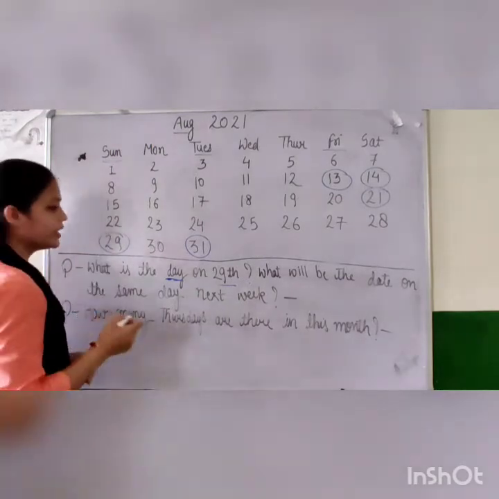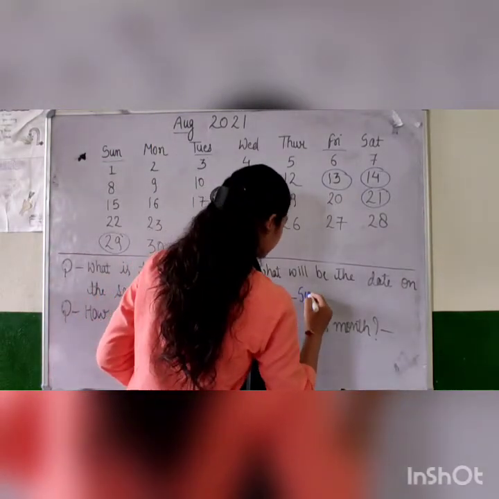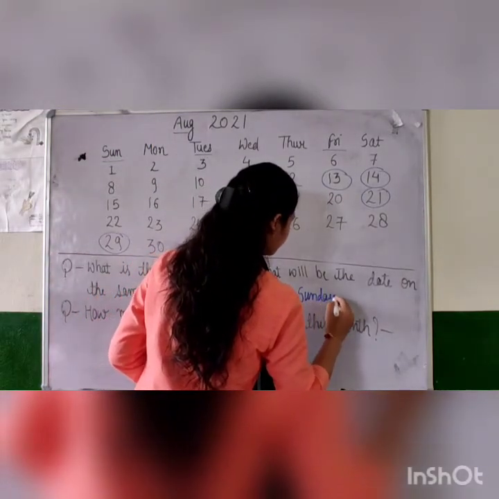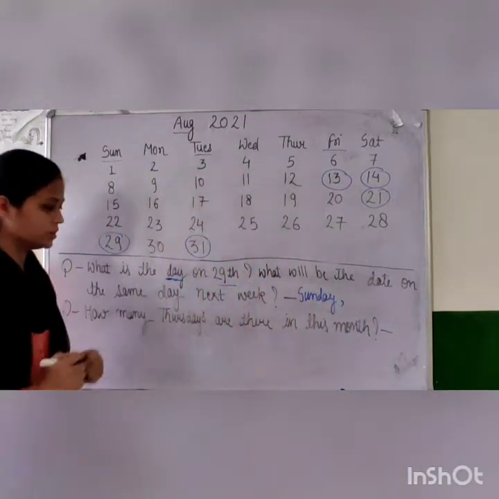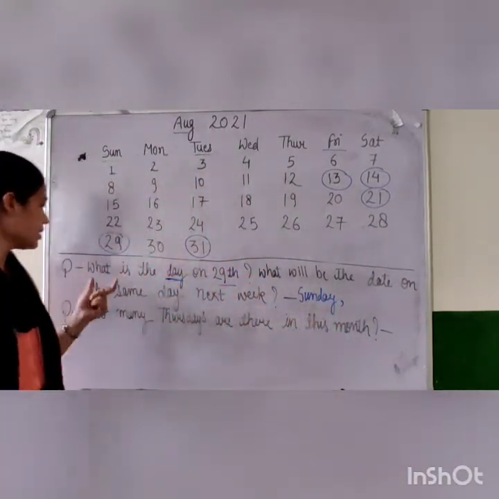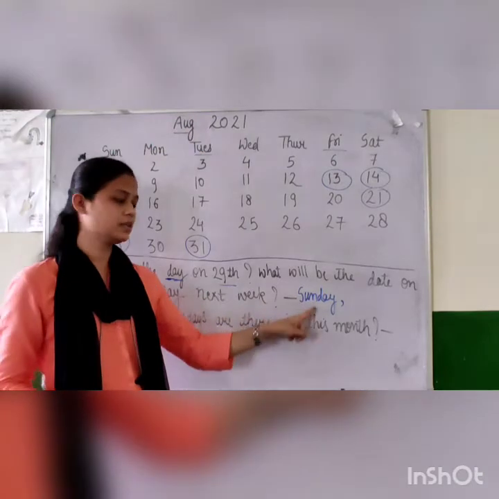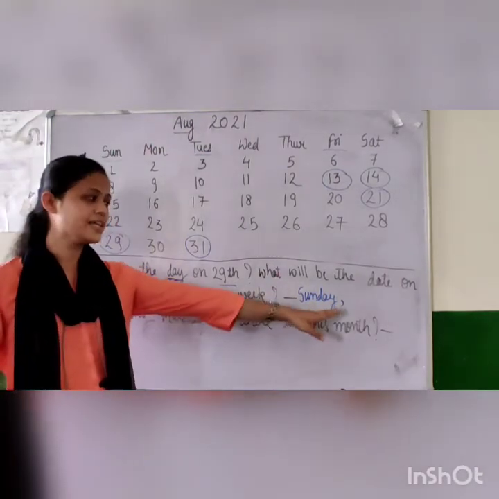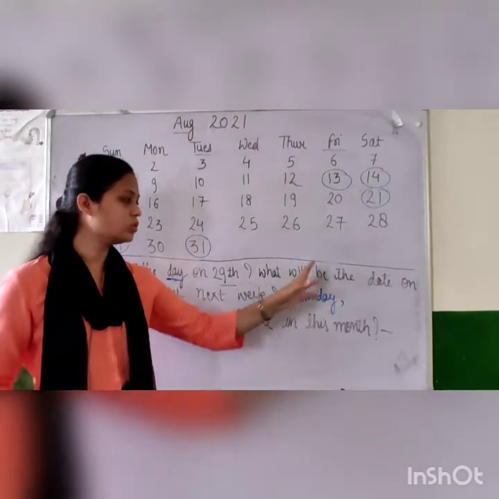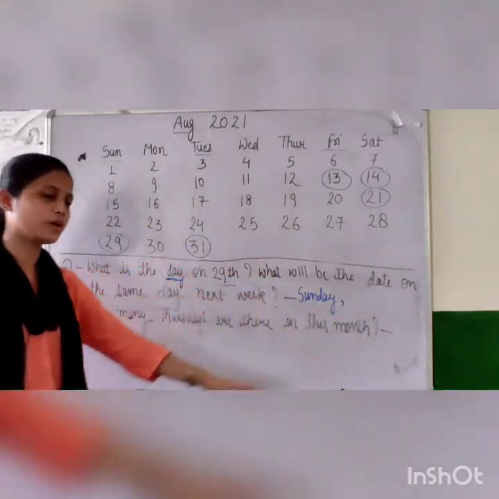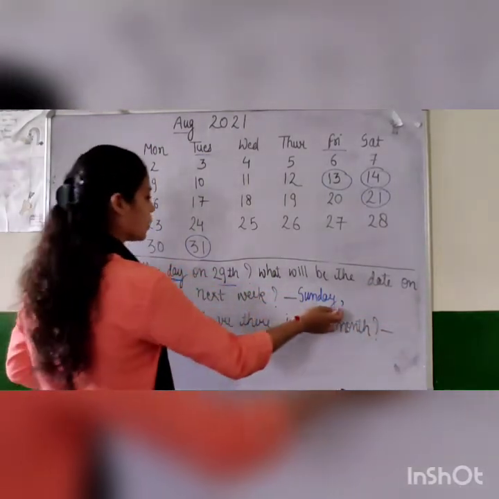It is Sunday on 29, so we will write here Sunday. This is the answer of the first part. I have placed a comma because we have to do the second part of this question also.